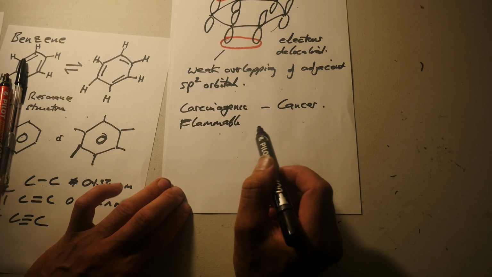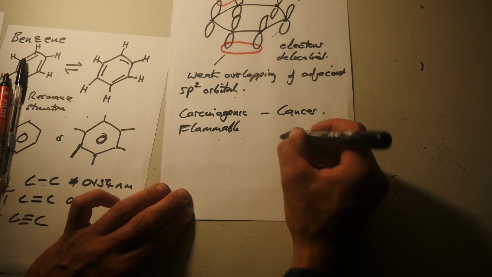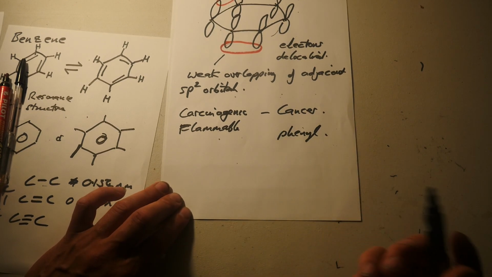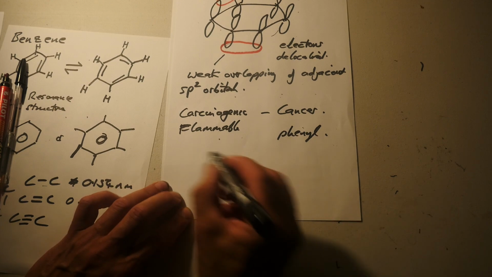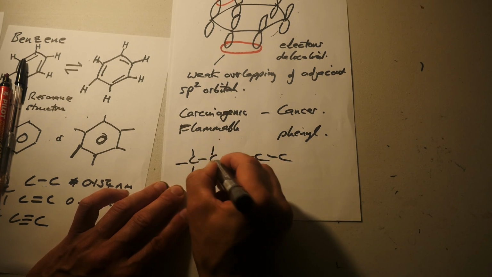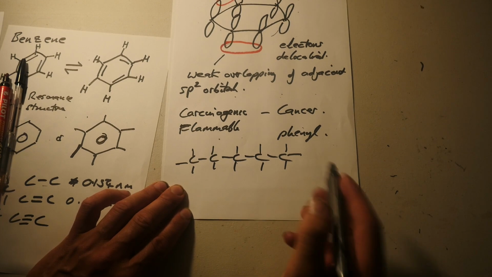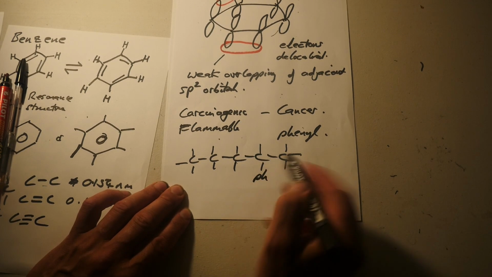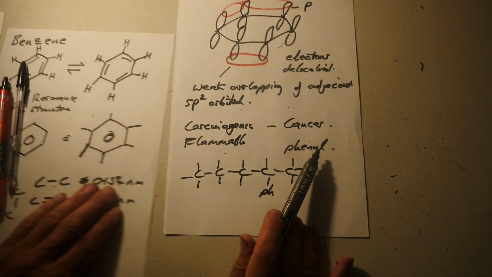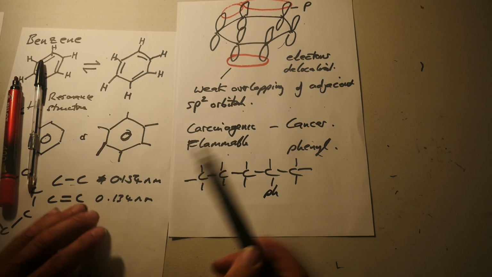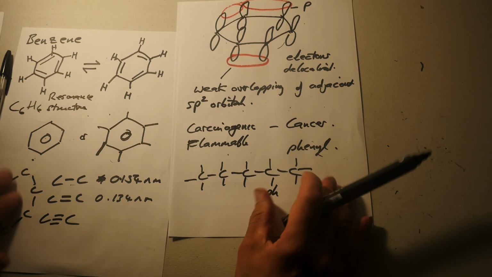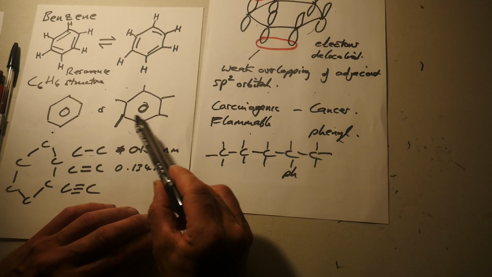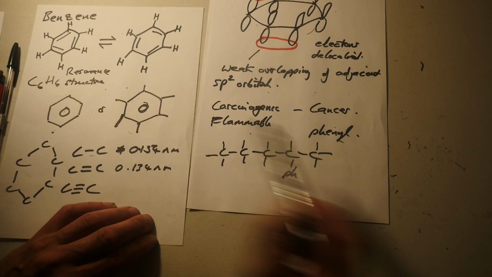Anyway, another way of writing benzene is what we call phenyl, when it's used as a group and it's attached to another molecule like an alkane. So if you draw an alkane and you want to attach a benzene to it, you can write it simply as Ph, which means this benzene ring. It's a shorthand way of writing. If you're trying to write lots of complicated chemical structures, you can write more simplistically, simply Ph.